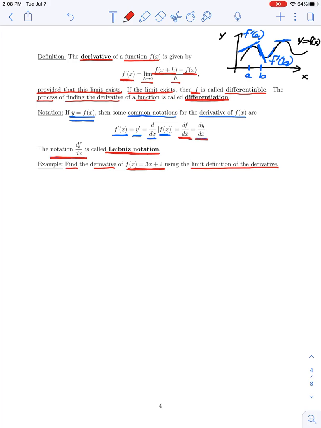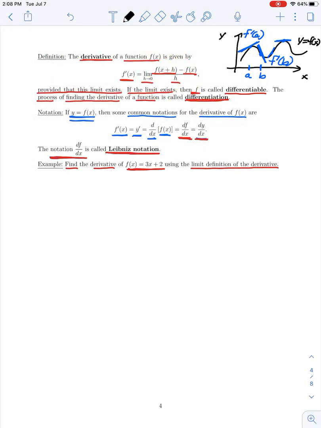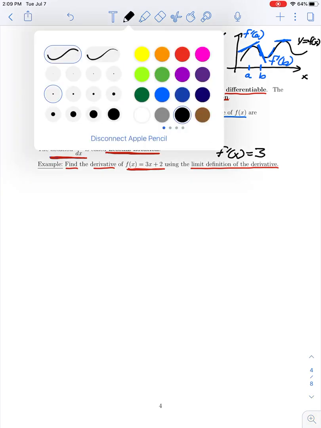So if you've taken calculus before, you know some of the rules which we're going to explore a little bit later in this chapter, and you might immediately know that the derivative of this function would be 3. Now, in this example, you are not allowed to use those rules which you might have seen in a previous calculus course because we haven't explored those yet here.